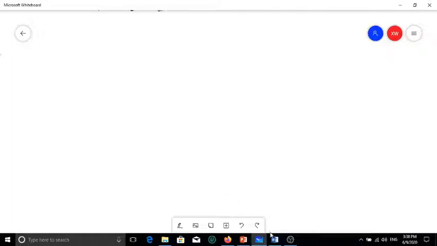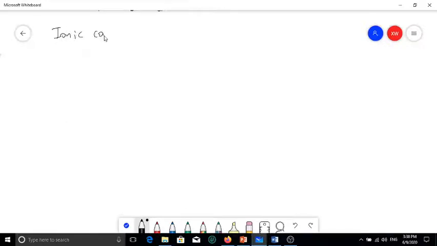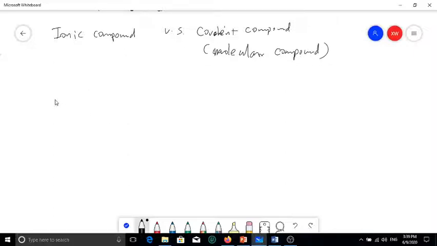So for example, let's discuss ionic compounds versus covalent compounds, or so-called molecular compounds. Now we're going to pick the simplest example.